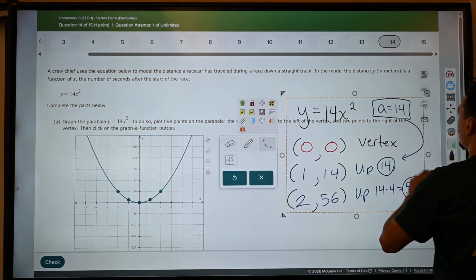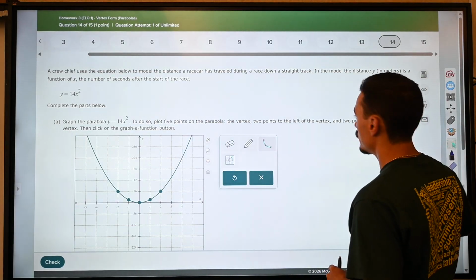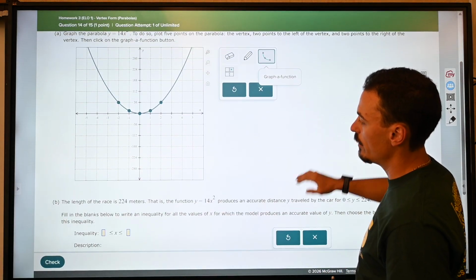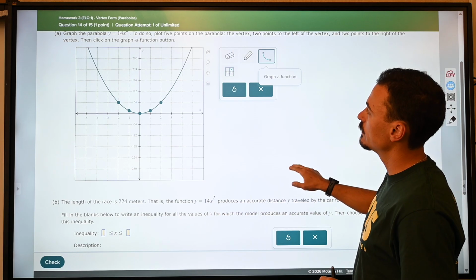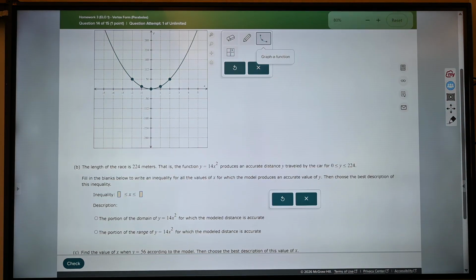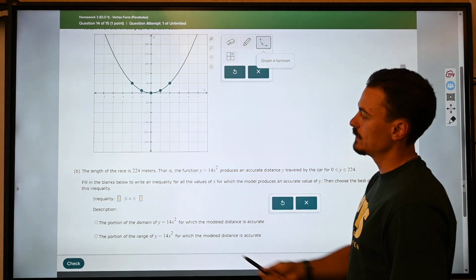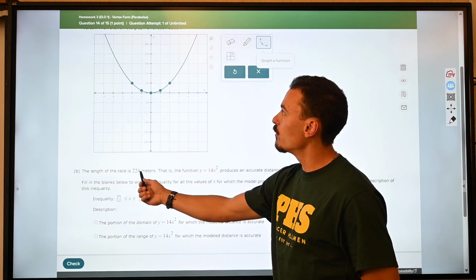I think most people are confused about this part of the question right down here. So I'm going to make this a little smaller. Here we go. It says the length of the race is 224 meters.